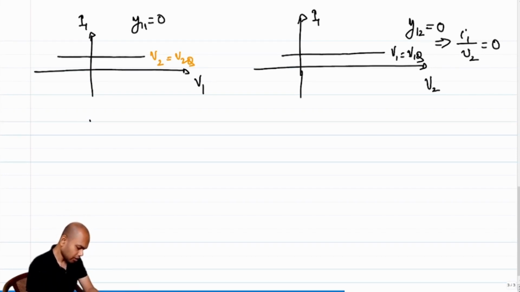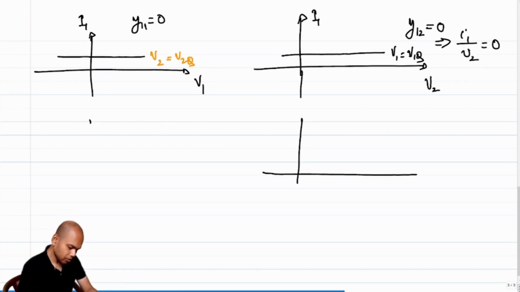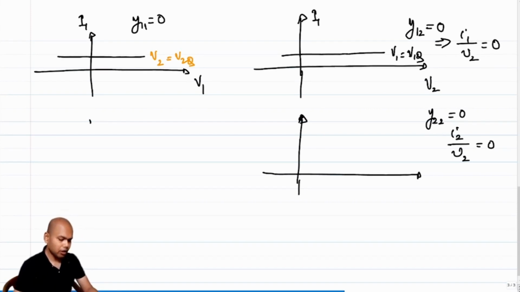Similarly, if we turn our attention to y22, right? So y22 equal to 0. What does it imply? It implies small I2 over small v2 is equal to 0. So from which IV characteristics plot should I get y22?